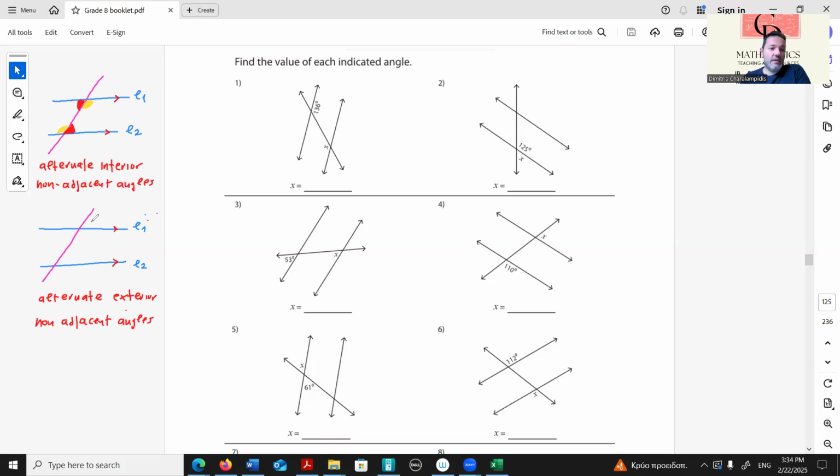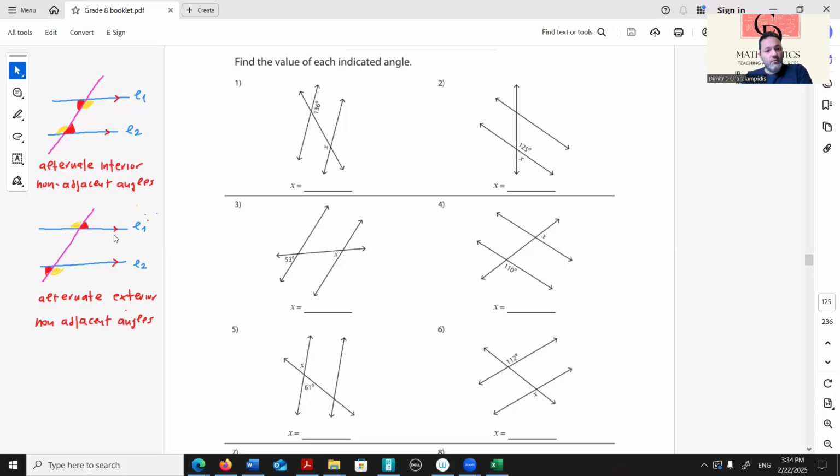In this case, we mean this alternate exterior non-adjacent pair, but not just this pair of red angles, this pair as well. These are alternate exterior non-adjacent.